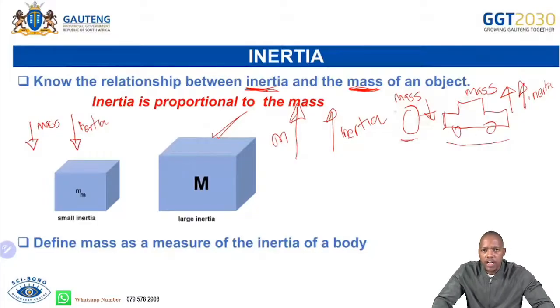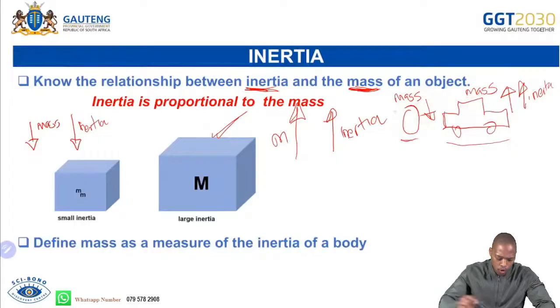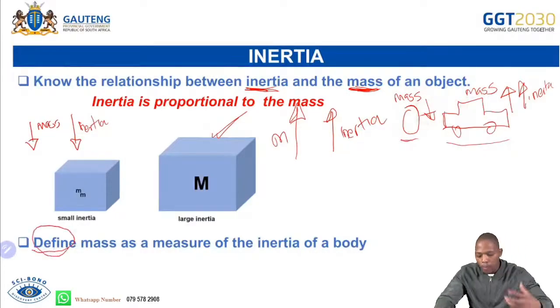So the inertia depends on the mass. If that is the case, then we can come up with a definition of mass from inertia, because it is clear to us that we can measure the inertia using the mass. By getting the mass of an object, I can tell how big or small the inertia of the object is.